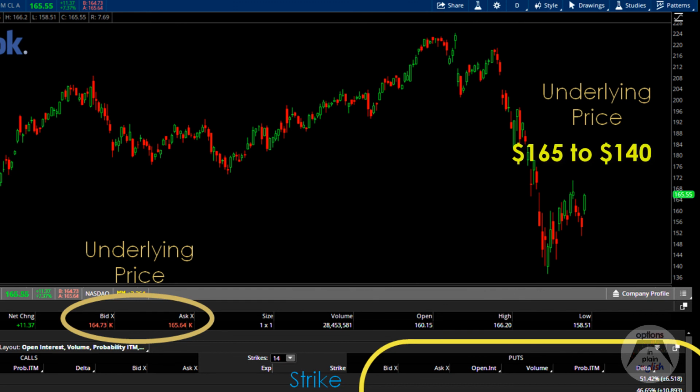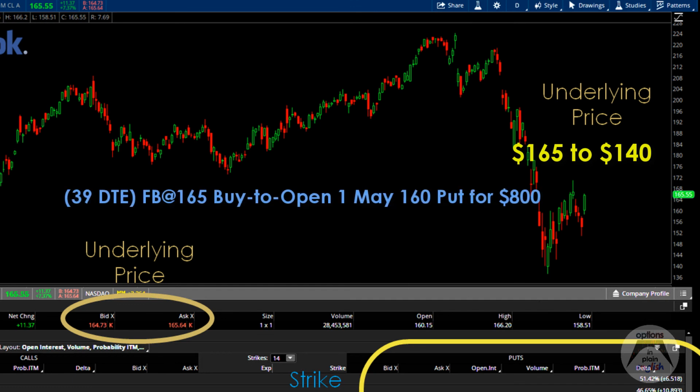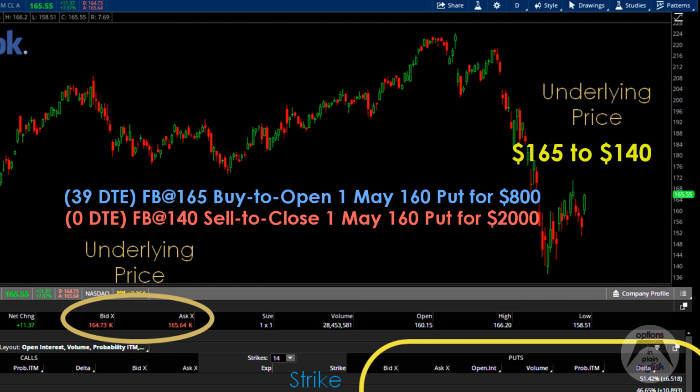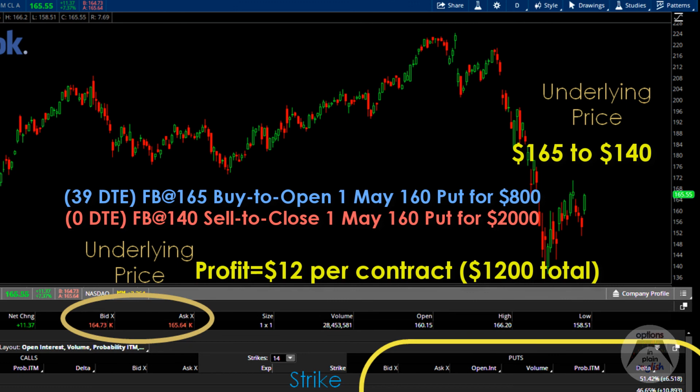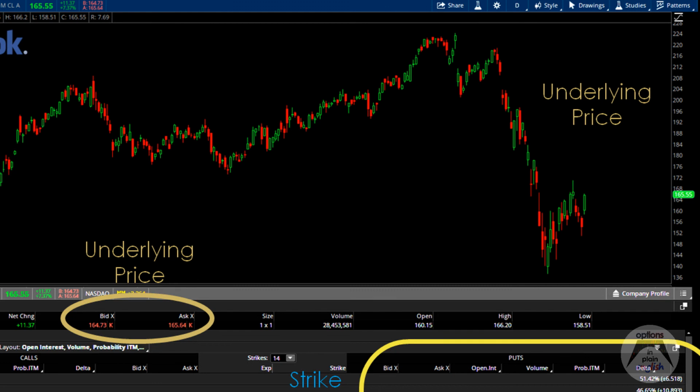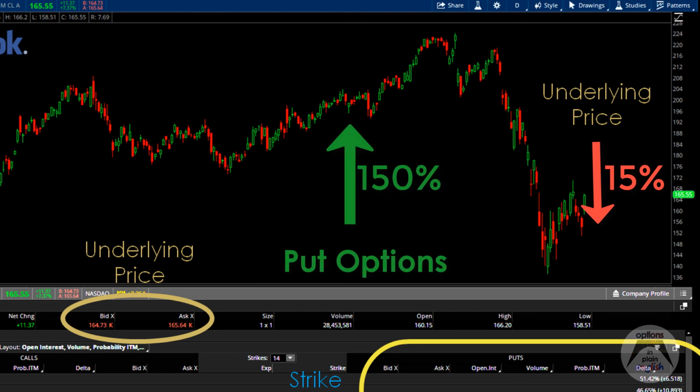Well, if it goes down to 140, which would be this area over here, which it has been at before, you'd have a situation where you paid $8, and if it expires at 140, that put, the 160 put, is going to be worth the difference between 160 and 140, which is $20. So it's going to go from 8 to 20, which is 150% profit, which is not bad because we're talking about a drop of maybe from 165 to 140, which is around 20%. And you're making 150% profit or return on your investment.